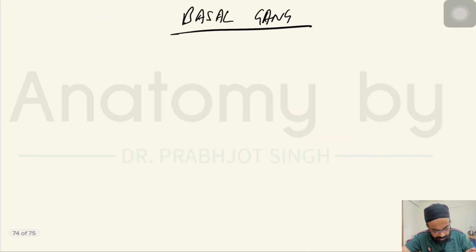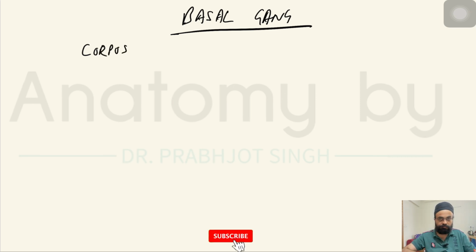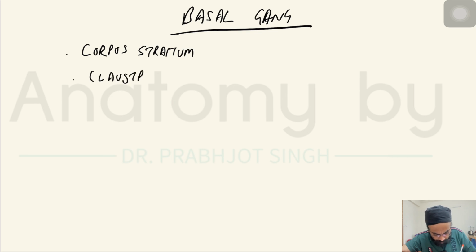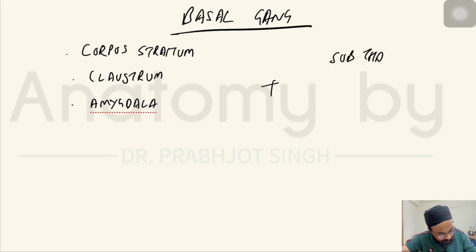So what are the parts of basal ganglia? Basal ganglia comprise of corpus striatum, claustrum, then you have the amygdala or the amygdaloid body, plus subthalamus and substantia nigra.